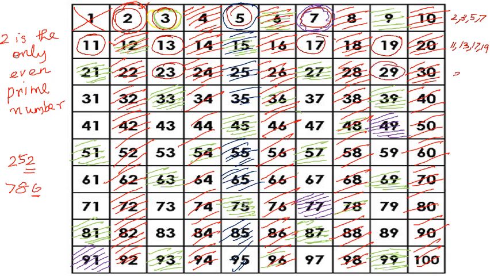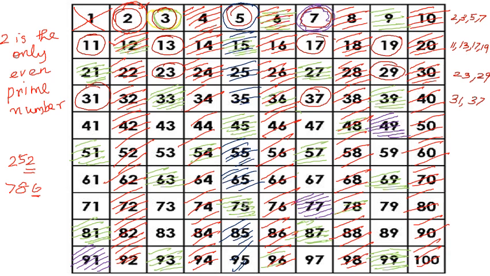So here we have 23 and 29. Then in the fourth one we have 31 and 37.